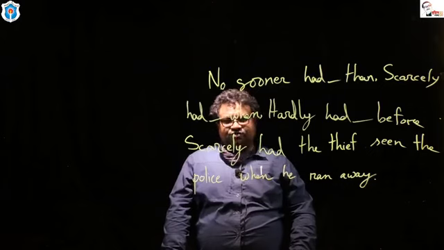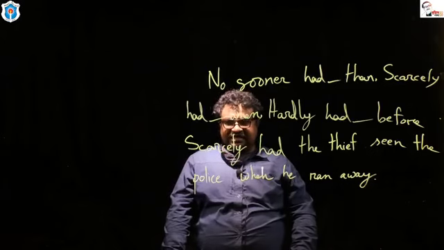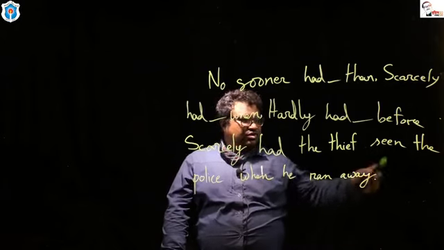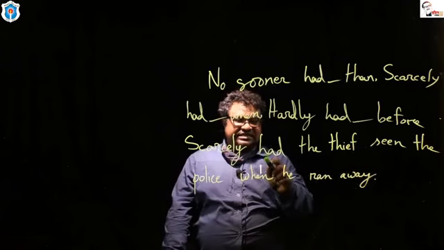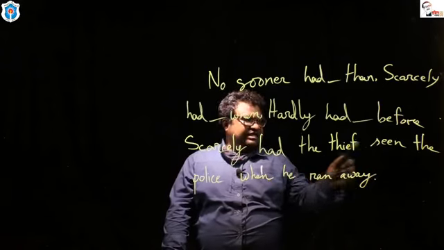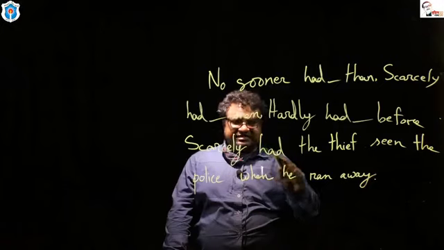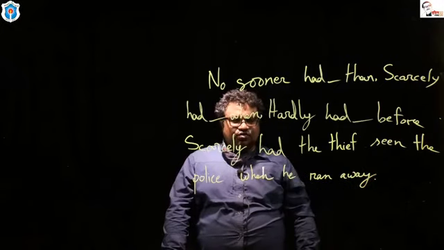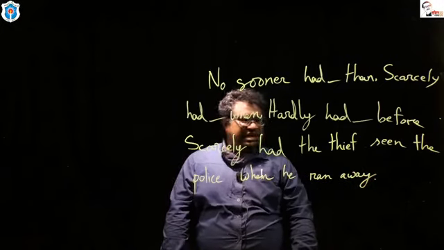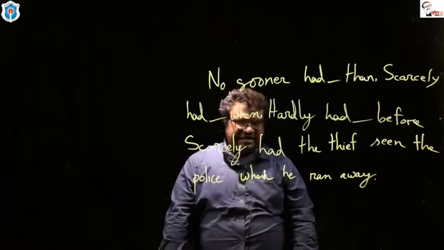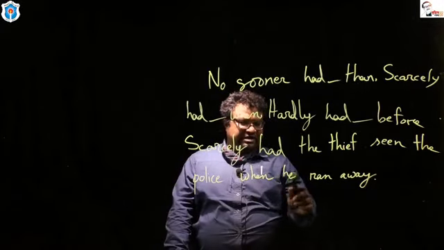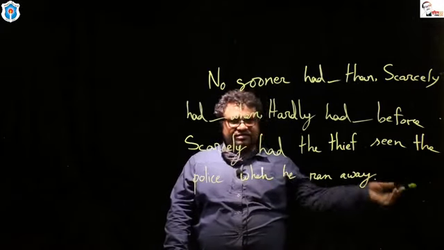So the part with scarcely had will have a structure like this: scarcely had plus the subject, then of course as there is had, here we will use seen, the past participle form, while after this when we will use the simple past form, he ran away.